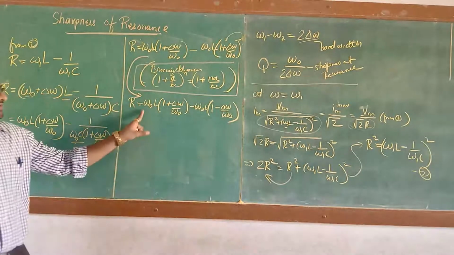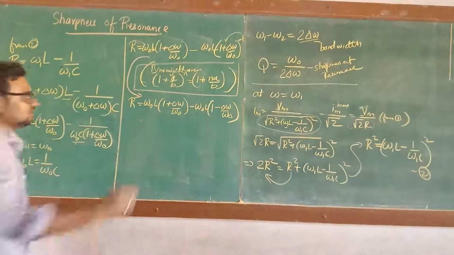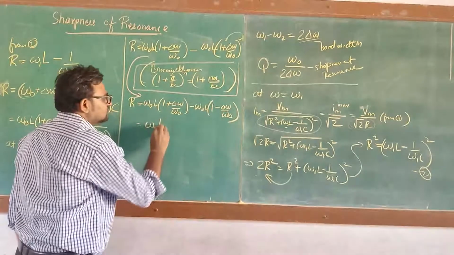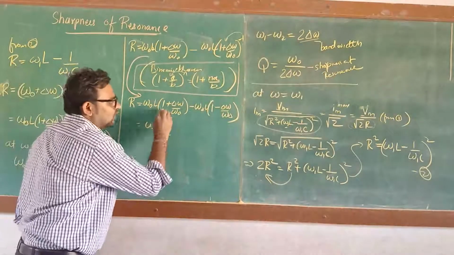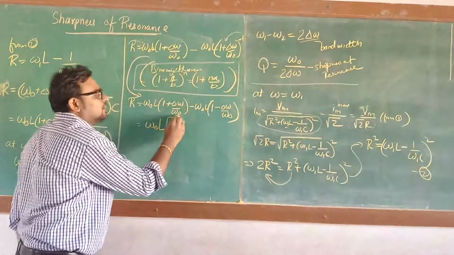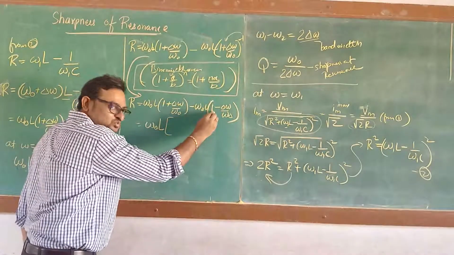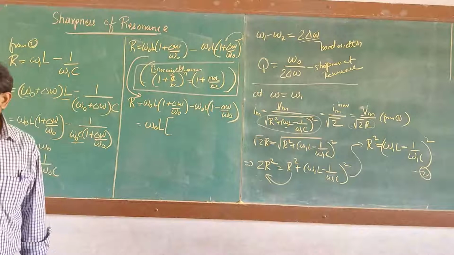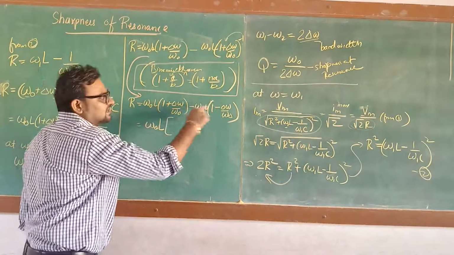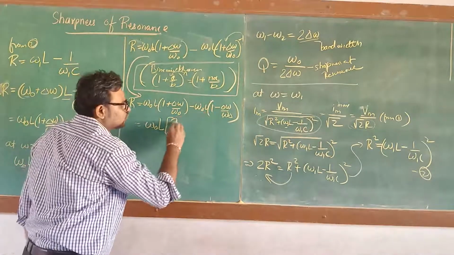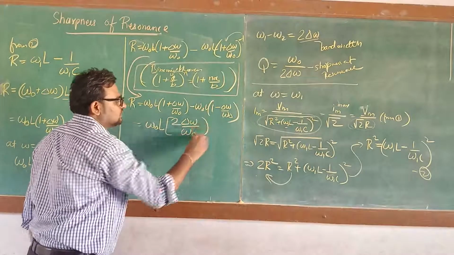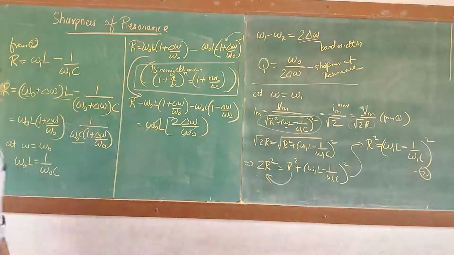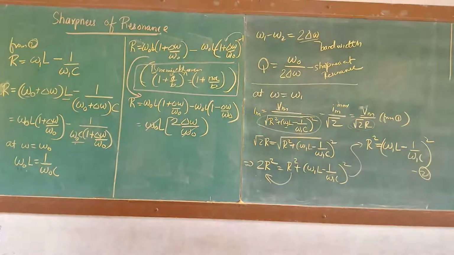Both terms have omega 0 L common. So this is omega 0 L times (1 plus delta omega by omega 0 minus 1 plus delta omega by omega 0). The 1 gets cancelled, minus minus becomes plus, so it will be 2 delta omega by omega 0, and the omega 0 cancels.